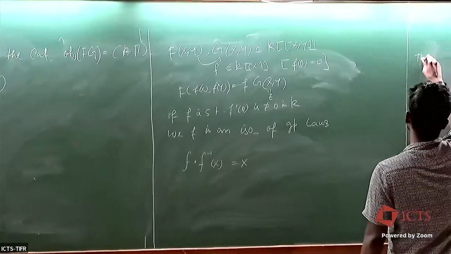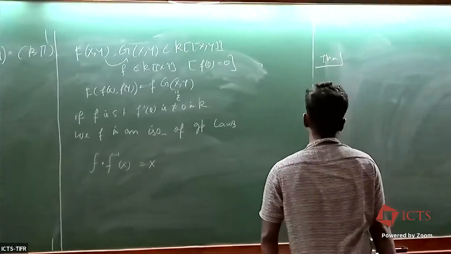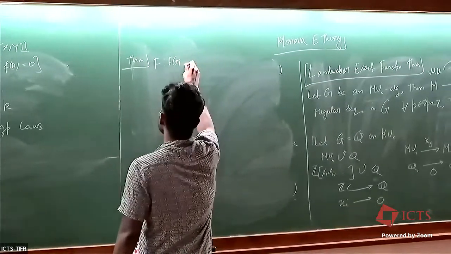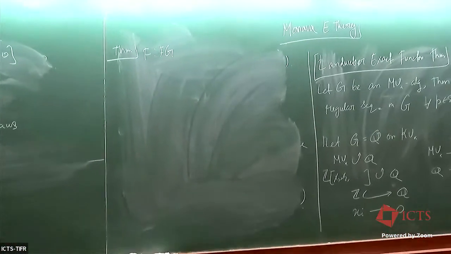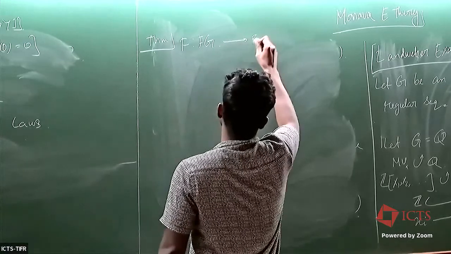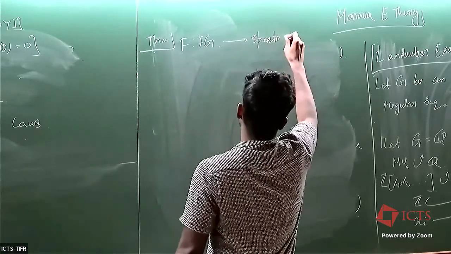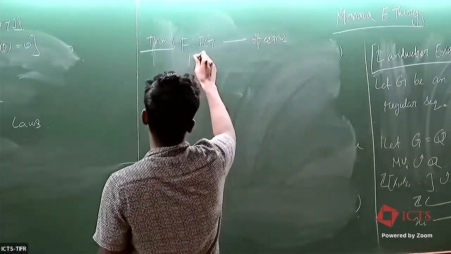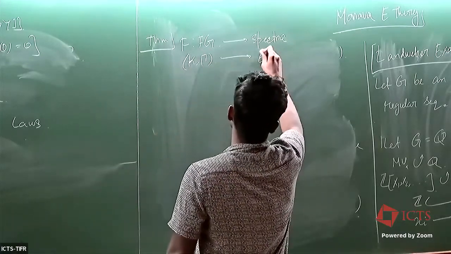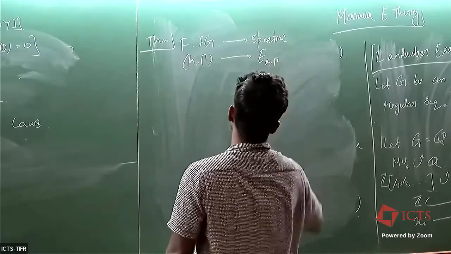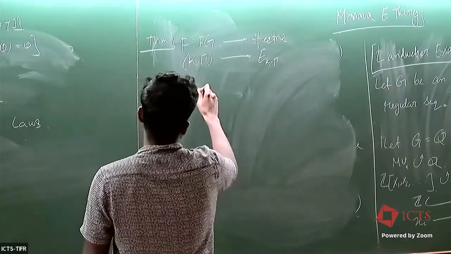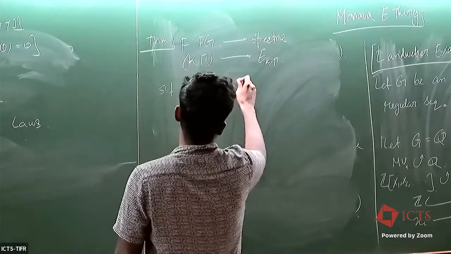Now there is a theorem that I have a functor from this category FG to spectra, which basically takes my (k, Γ) into E(k, Γ), such that E(k, Γ) is complex oriented.